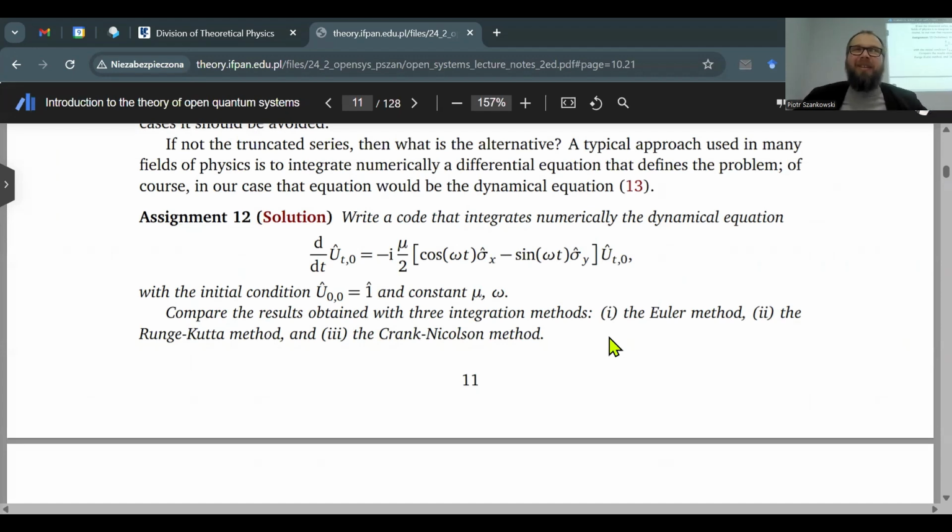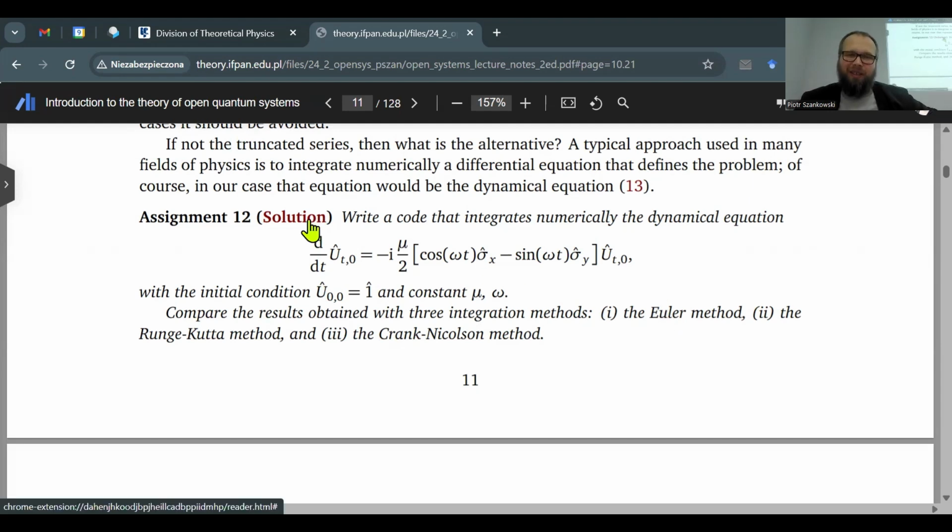It's assignment number 12 in the script. You have here a Hamiltonian defined for a two-level system. You have your dynamical equation with some parameters, and I would like you to try out three methods of numerical integration, because you're aware there are many ways to do it. We have the Euler method, the Runge-Kutta method, and Crank-Nicolson.